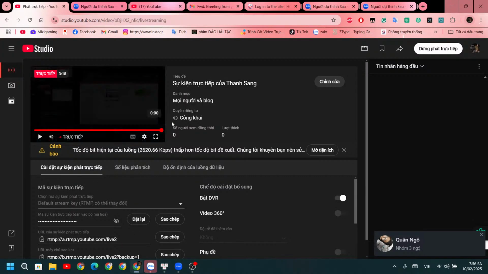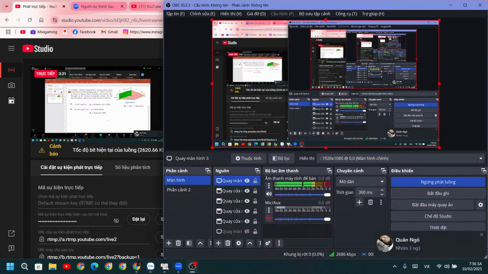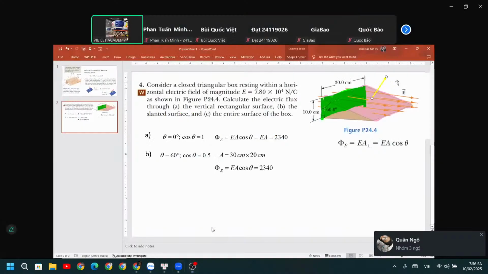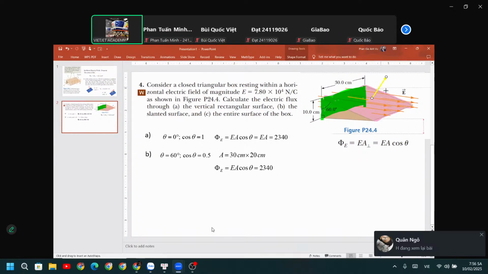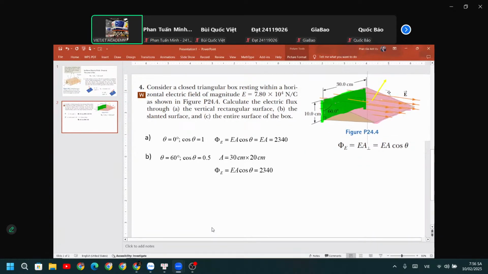Let's come back to the angle theta. The angle theta made of the yellow vector and the E vector, so it must be this angle. Oh, sorry.